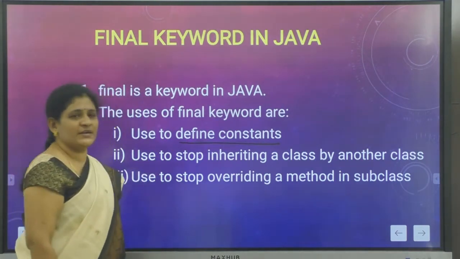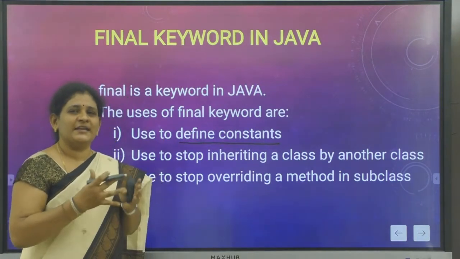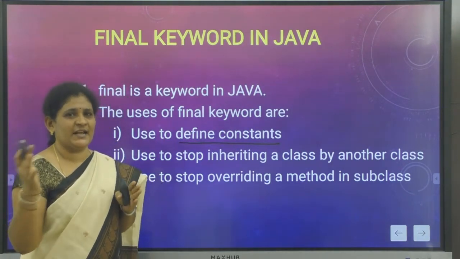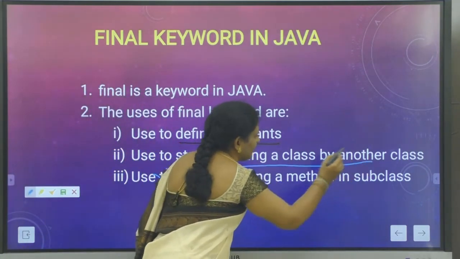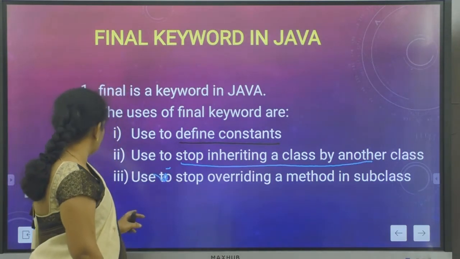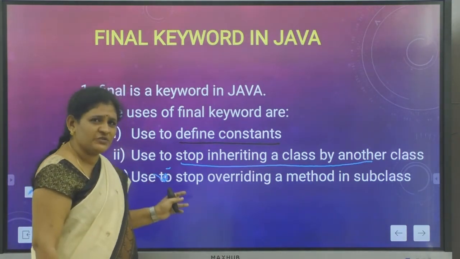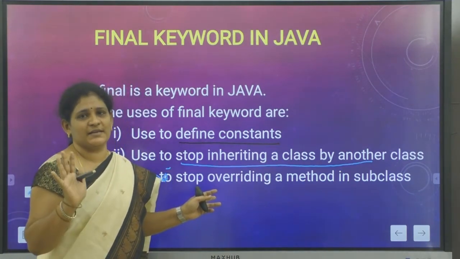The second usage of the final keyword is that we can stop inheriting a class by another class by using the final keyword. The third usage is to stop method overriding in the subclass.